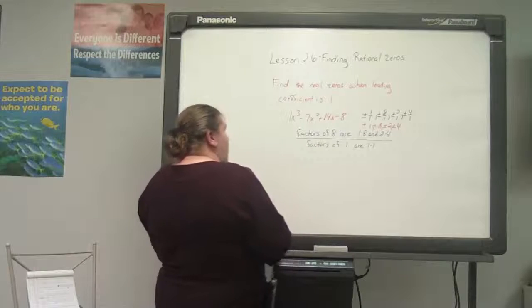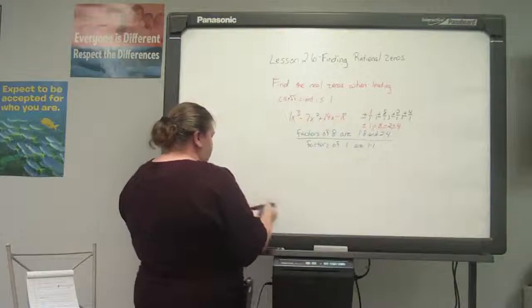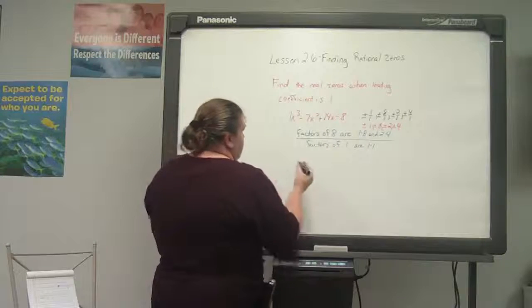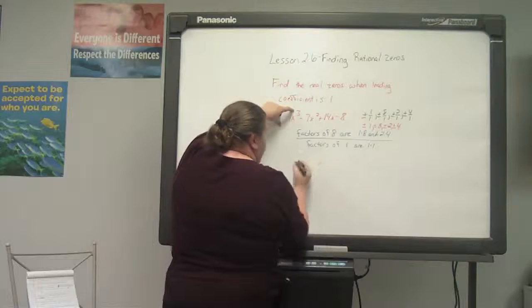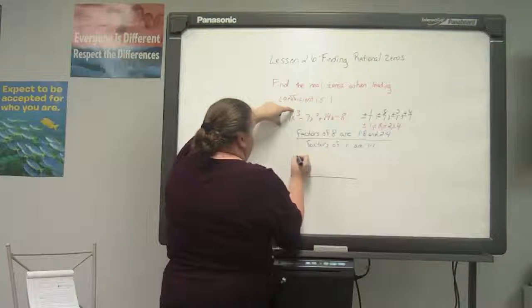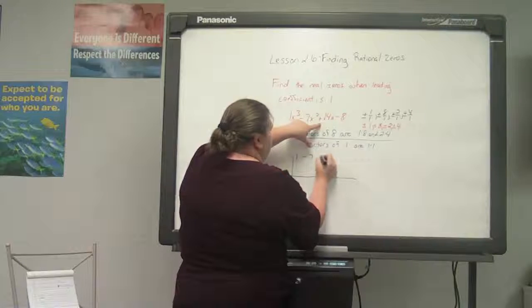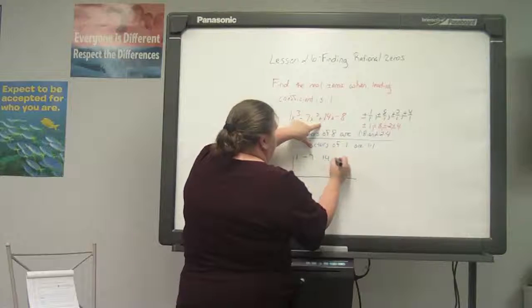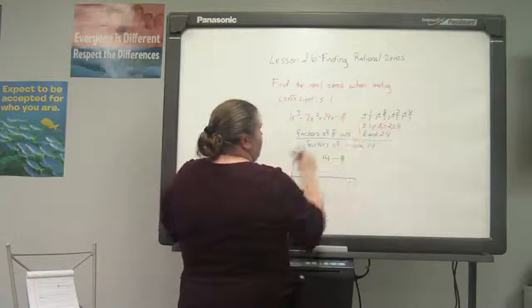What we have to do now is to decide which one of those to use in synthetic division. So because this is my equation, I'm going to write it in the synthetic form. I have 1, -7, 14, and -8, because I have 3, 2, 1, nothing for exponents.